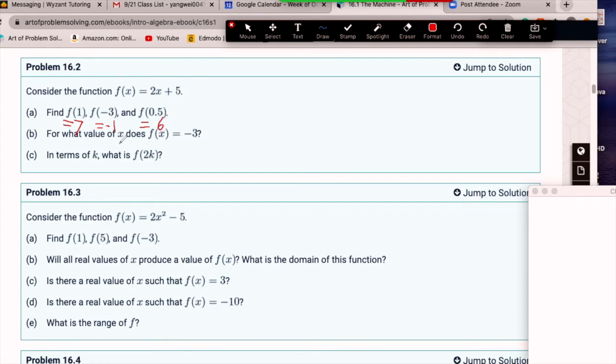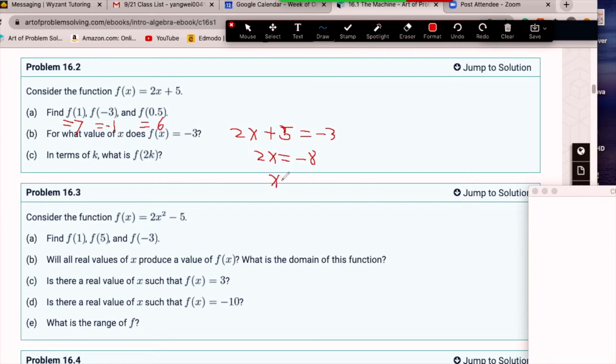Now B, for what value of x does this one equal negative 3? That means they ask you to solve this equation: 2x plus 5 equals negative 3. Then they ask you what is x. To do that, subtract 5 from both sides. You get 2x equals negative 8.